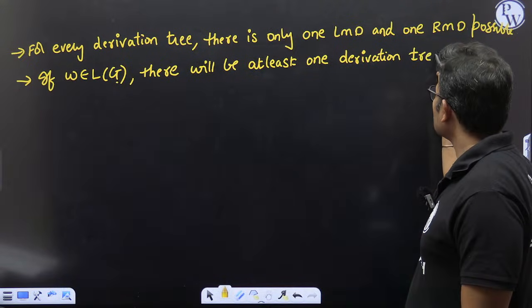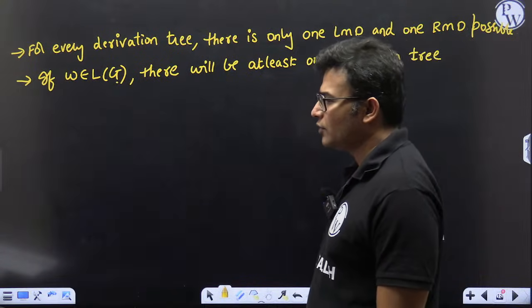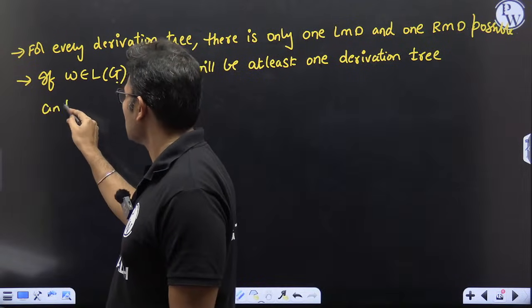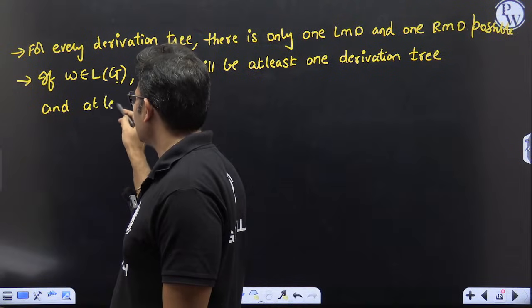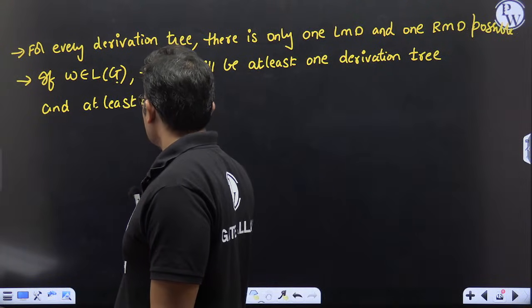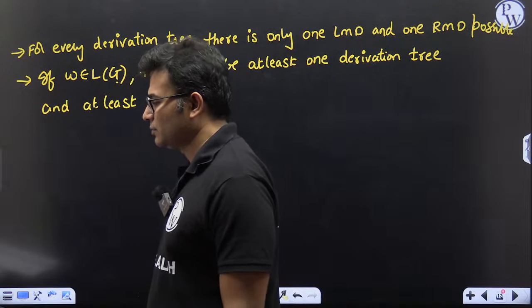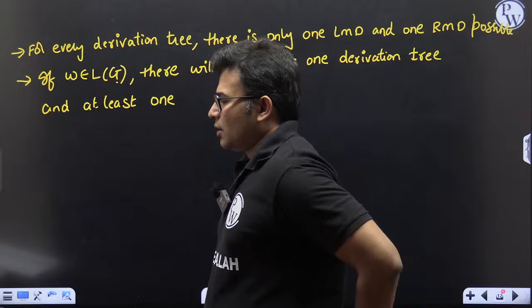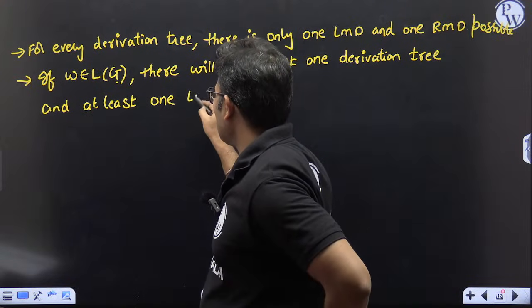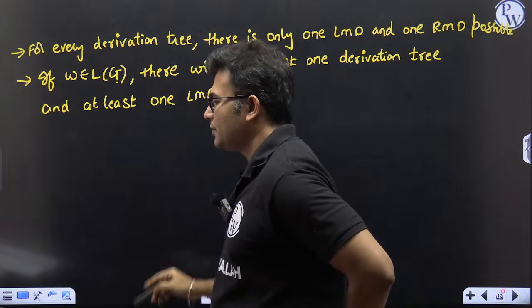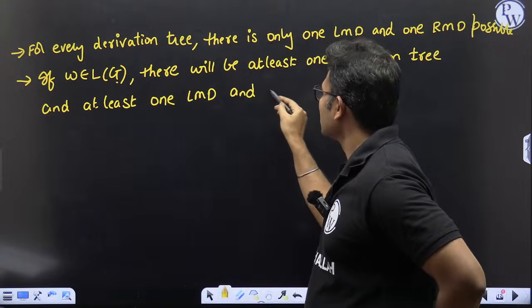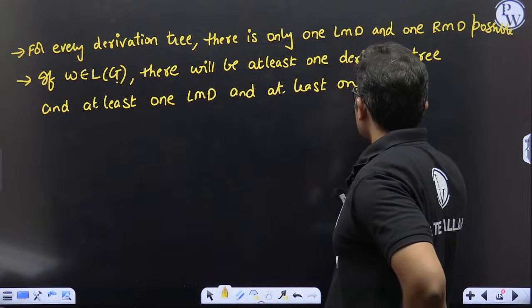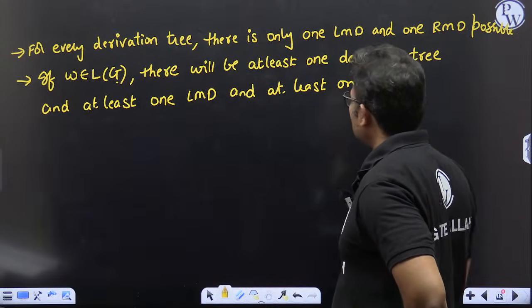There will be at least one derivation tree, at least one LMD, and at least one RMD, right?